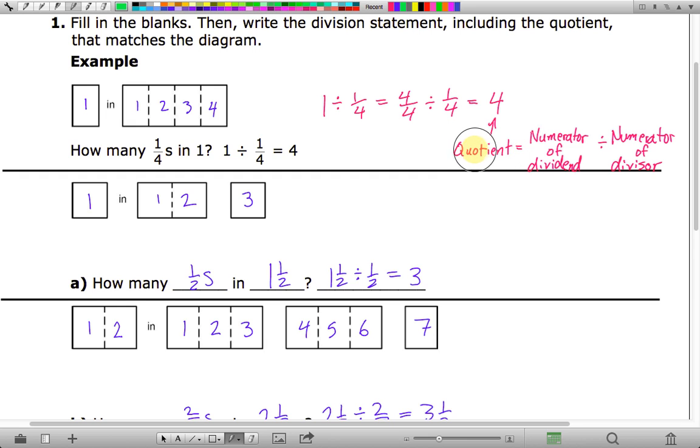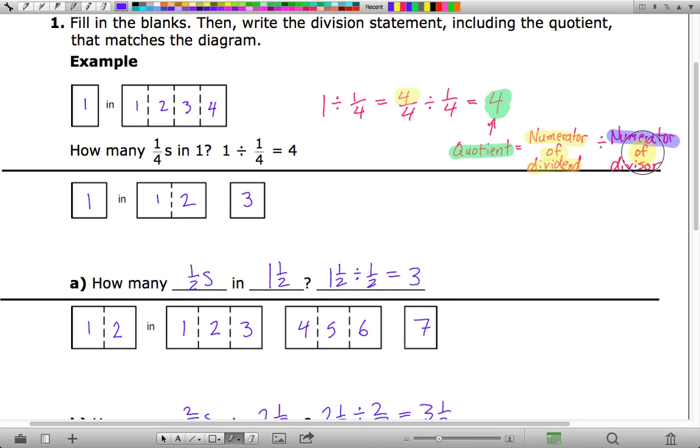So to get the answer to the division question, or the quotient, which is what we have right here, what we do is we take the numerator of the dividend, and that's this right here, and we divide it by the numerator of the divisor.